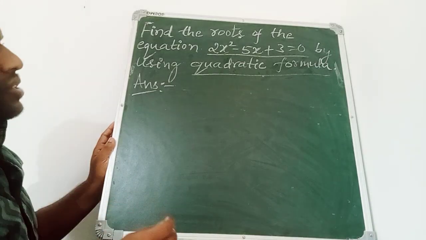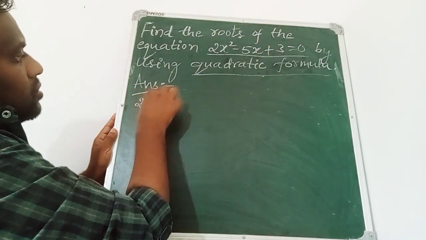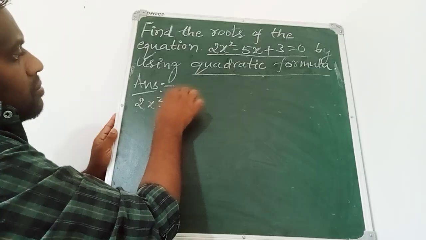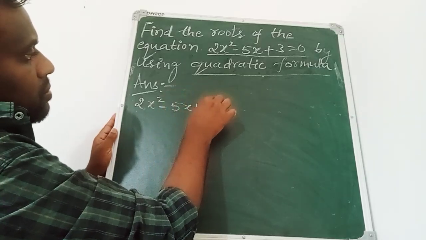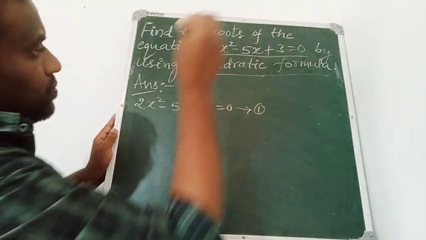First, take the given equation 2x² − 5x + 3 = 0 and call this equation 1.